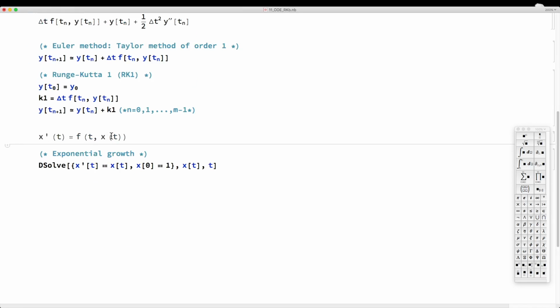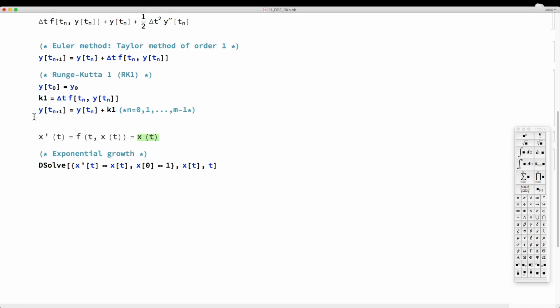So we see if we're solving this equation, then all we need is the functional form of this function f. And in this case, f of t and x is simply equal to x of t, obviously. So we can apply this scheme directly. All we have to do is replace f of x by x. So let's try and do that.